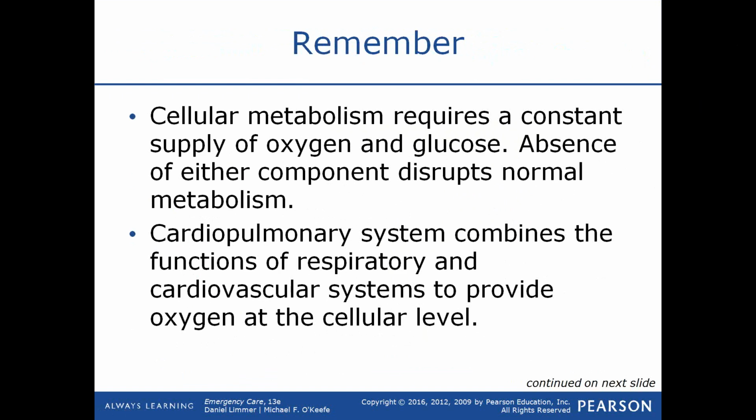So in closing, just remember that cellular metabolism requires a constant supply of oxygen and glucose, and the absence of either component disrupts normal metabolism. So if I don't have an adequate supply of oxygen, or I don't have an adequate supply of sugar, I'm not going to metabolize normally.